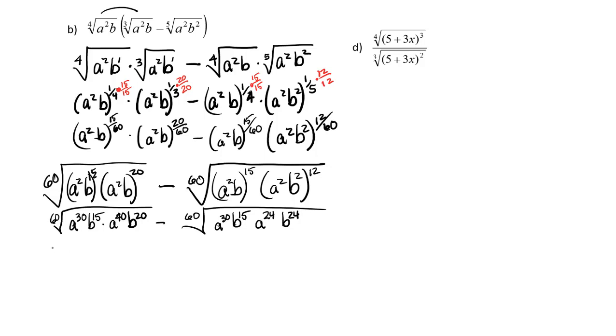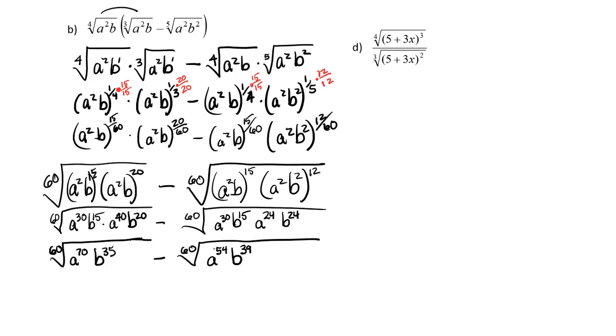In the first radical, I'll have the 60th root of a to the 70th, b to the 35th, minus the 60th root of a to the 54th, b to the 39th.